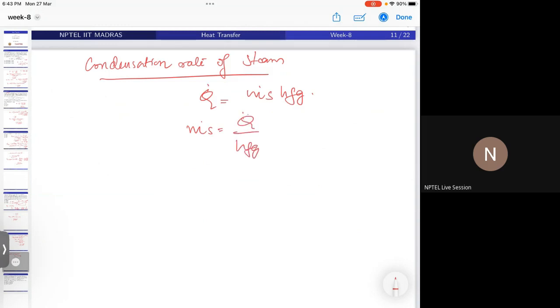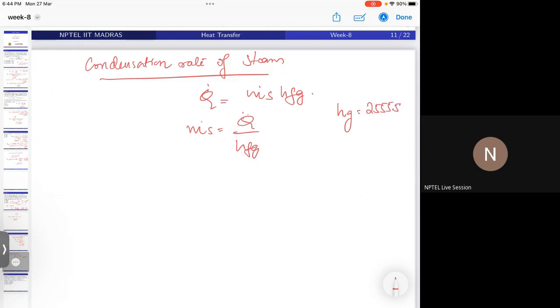So our task is to find hfg. You have to go to the saturation steam table and find the saturation properties of steam condensing at 30 degrees Celsius. I hope you know how to use the steam tables.